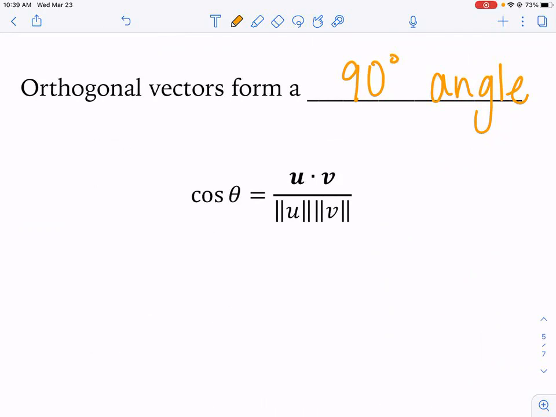Okay, so we are going to be able to figure out if we have orthogonal vectors from one piece of information. If we have orthogonal vectors, our angle in between is 90 degrees. What is the cosine of 90 degrees? Ooh, 0. So if the cosine of theta equals 0, then theta is 90 degrees.